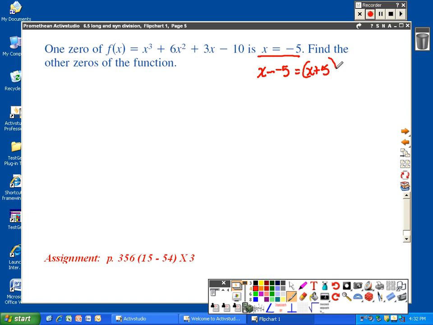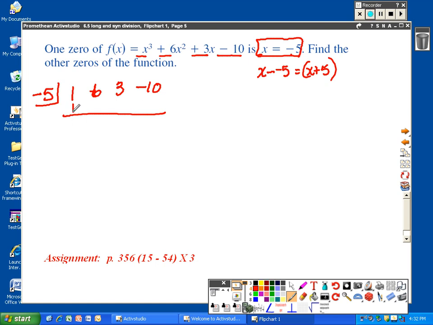That is one of my factors. So I can take this root of negative 5 and put it in the divisor box. And then I can take each coefficient and put them down. 1, positive 6, positive 3, negative 10, cube, square, 1, 0, and I'm good.